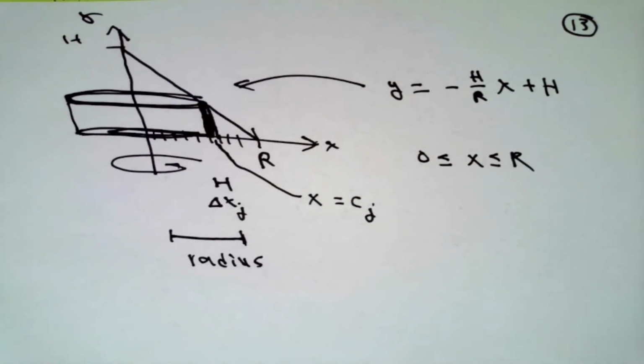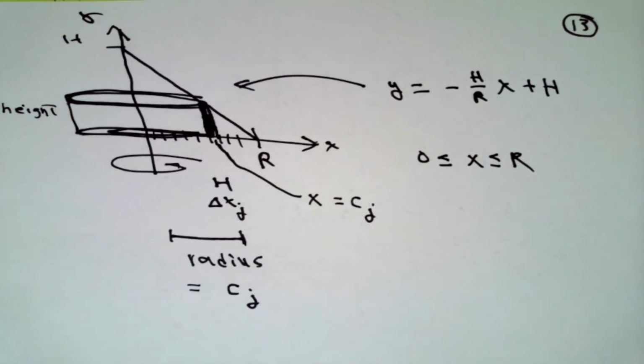As always, the radius is the distance of my strip from the axis of rotation. In this case, the axis of rotation actually is the y-axis. The distance of my strip from the axis of rotation is its x-coordinate. The radius is going to be c_j.